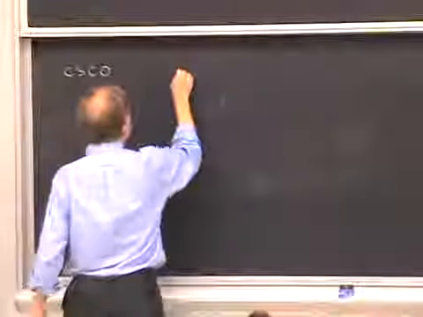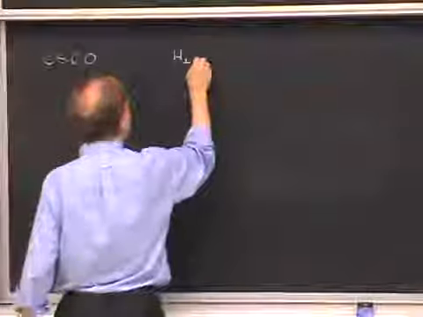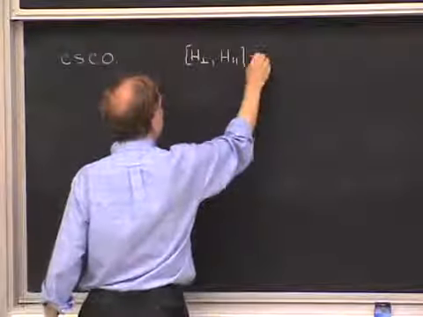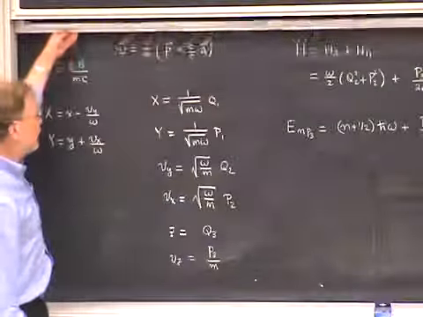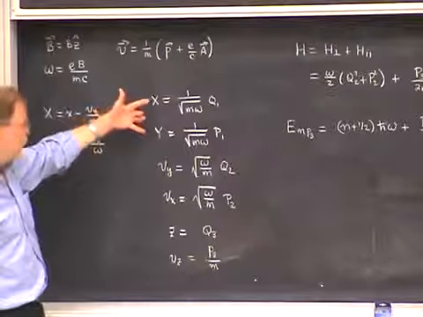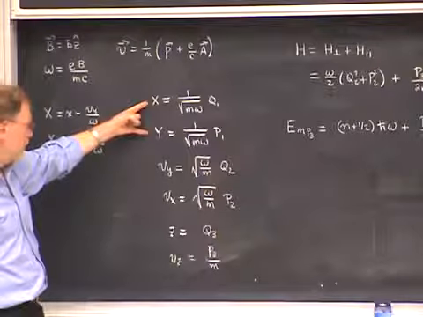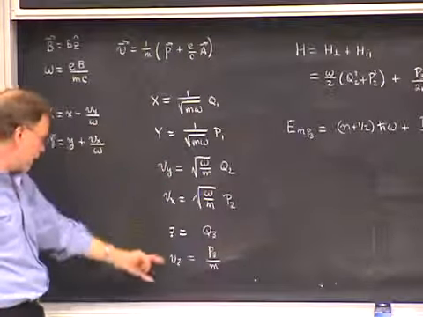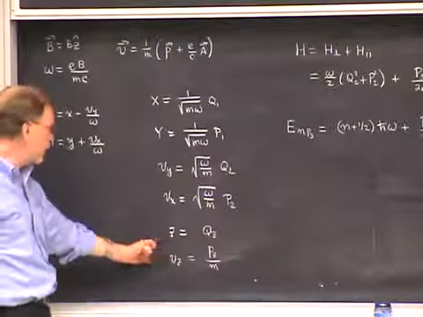For starters, we may notice that the perpendicular Hamiltonian and the parallel Hamiltonian commute with each other. I'll have to keep lifting this up to show you the summary from last time. The reason they do is that there are 3 degrees of freedom. One is basically the guiding center position, x and y, the q and the p. The second degree of freedom is the x and y components of velocity. And the third degree of freedom is the z and pz in the parallel direction.